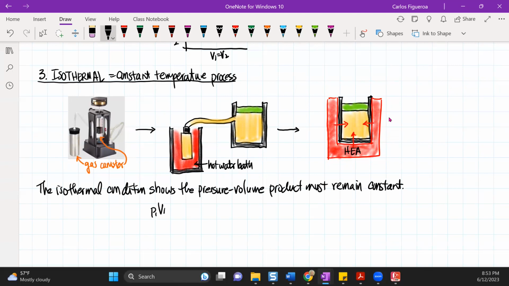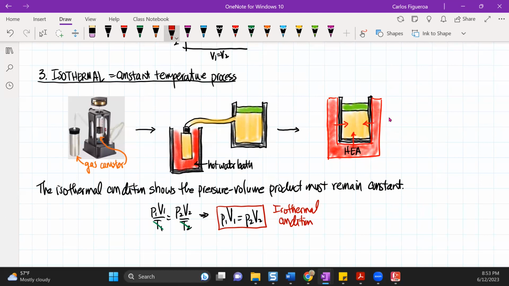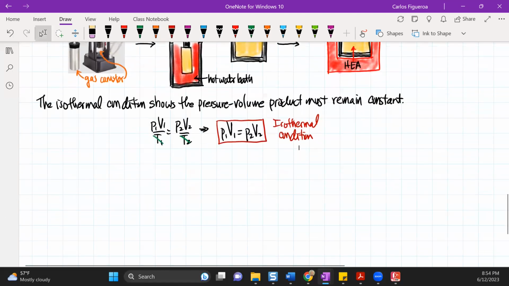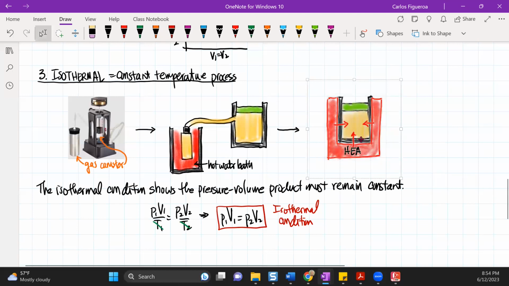So again, if I look at my ideal gas law scenario, you can see that these pressures cancel out and therefore tell us that pressure 1 times volume 1 equals pressure 2 times volume 2; this has to remain constant. This is what I call the isothermal condition. Okay, the isothermal condition.